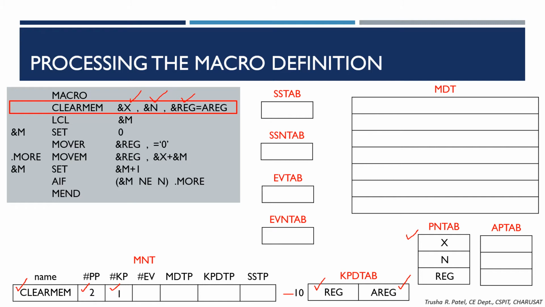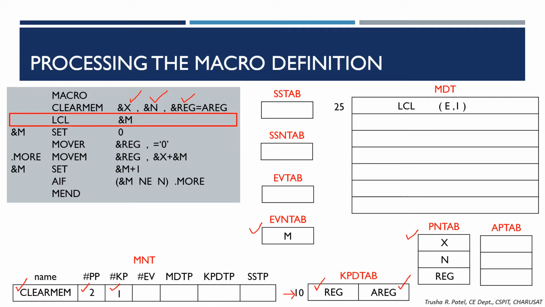Now here 10 is some memory location, because all these tables are available inside the memory at some allocated memory. Now the next statement is LCL &M. Here M is the local expansion time variable. So the name of that expansion time variable is entered inside the EVNTAB, and the code generated for that will be LCL.